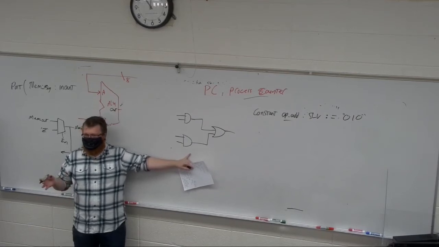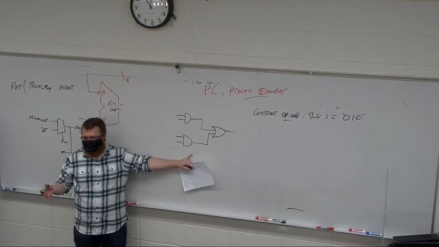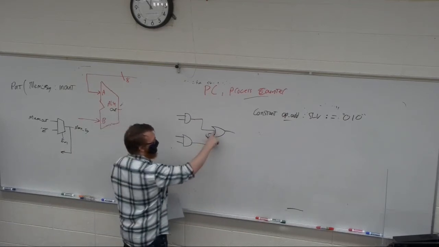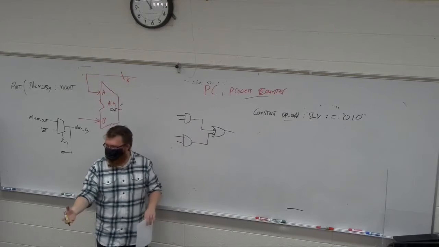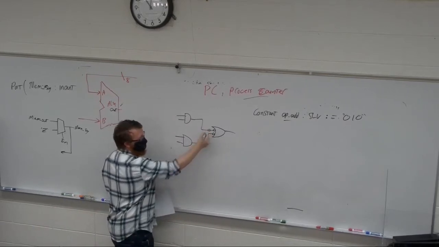The easiest way to turn these into universal gates is not to do what the book says, because the book is insane. All you have to do is add little bubbles there, right? That means I've inverted those inputs. And if I want to undo an inversion to keep the circuit equivalent, I just create another little bubble, right?